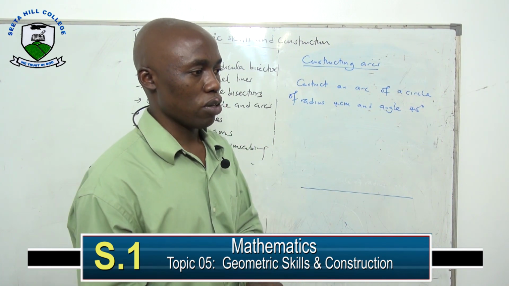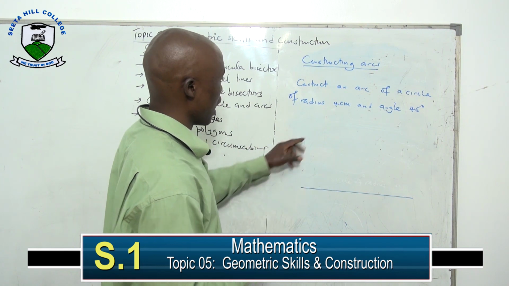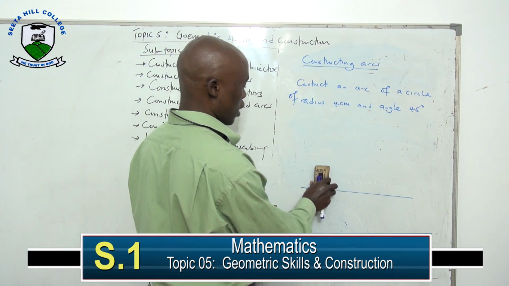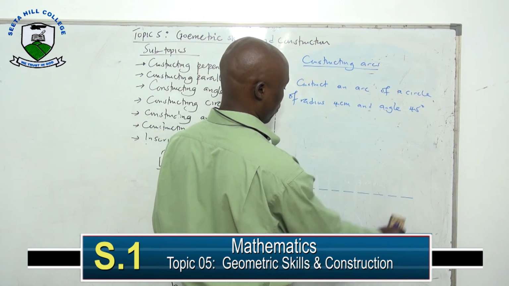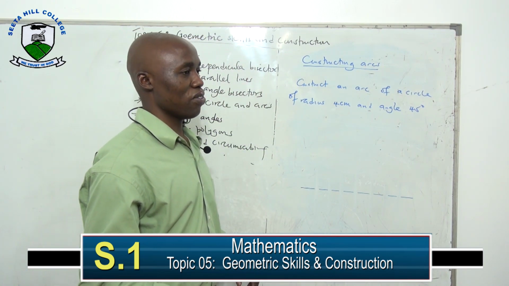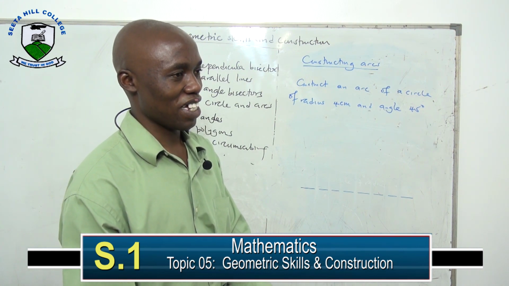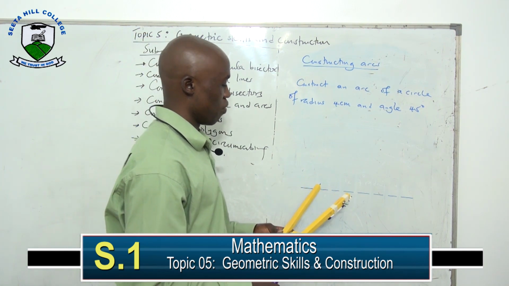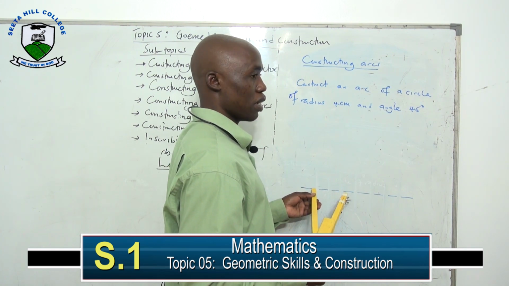Since you are interested in an arc and not the angle, every line must be what? Now, how will I make 45? What will I do? Yes, precious. You first construct 90. That means how?